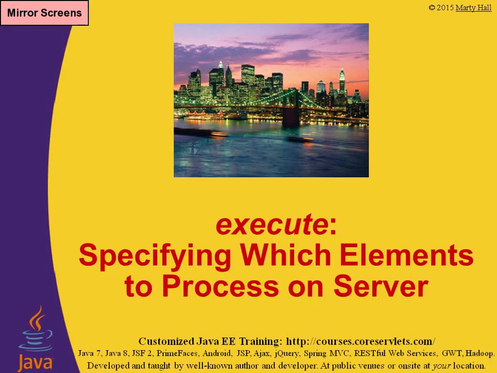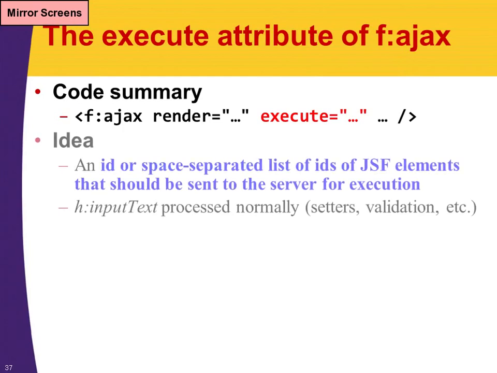Execute. Which elements get processed on the server? So this is the other side of render and execute. Here, execute takes the same idea, an ID or a list of IDs, or an EL expression, and looks for those IDs inside the page.